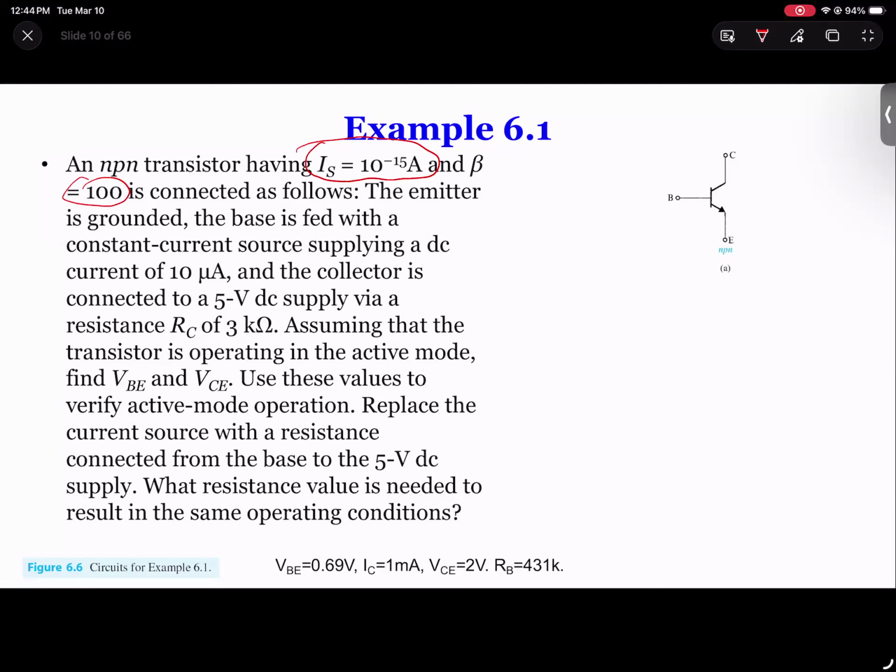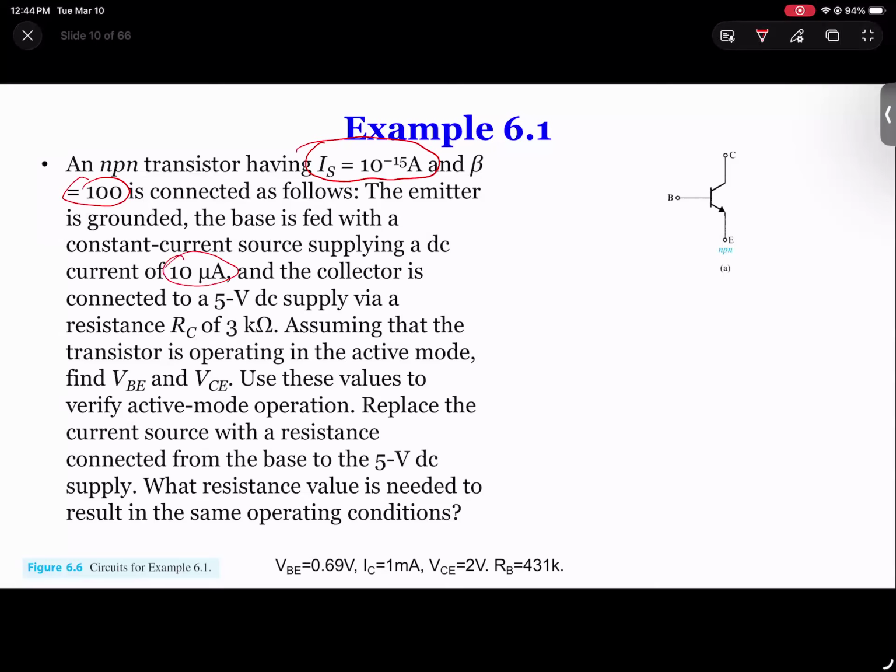So basically, what we're saying is this is 5 volts at the top, and it is fed with a current source at some microamps, and we need to find IB, and we also need to find VBE.